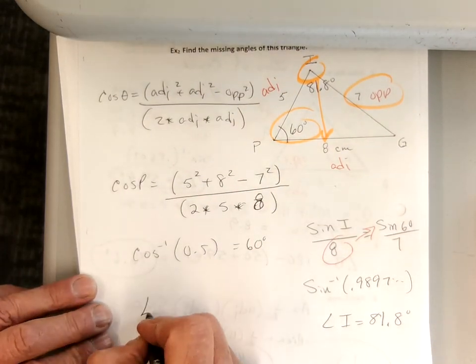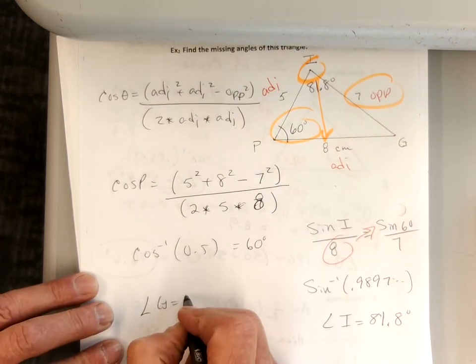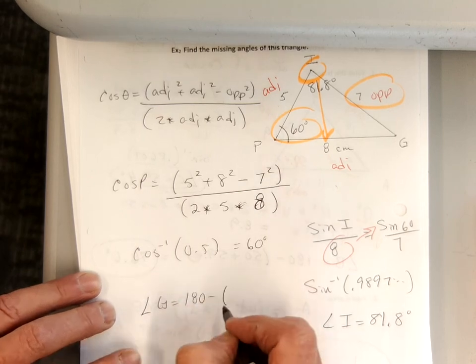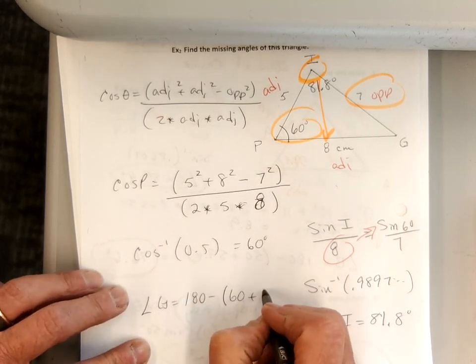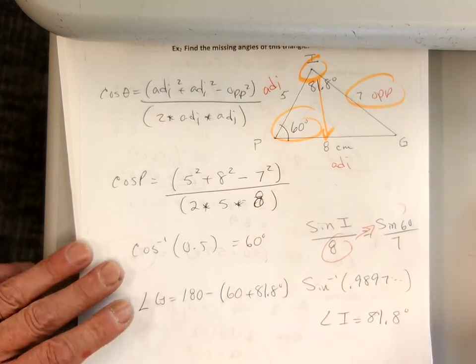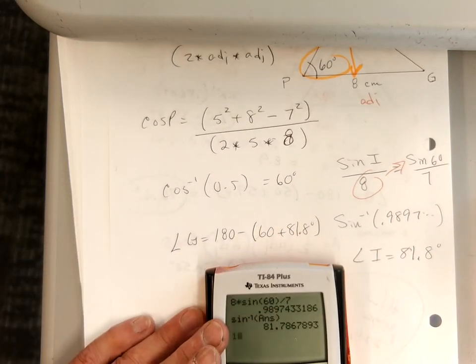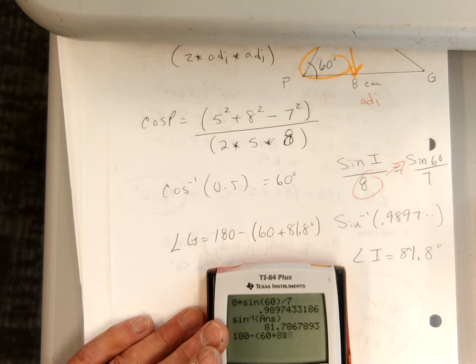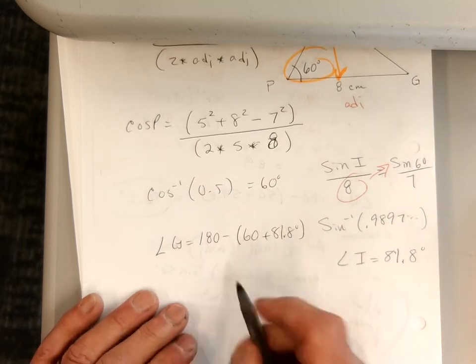So angle G would equal 180 minus the sum of 60 plus 81.8 degrees. And let's see what we get. 180 subtract the sum of 60 plus 81.8. About 38.2.